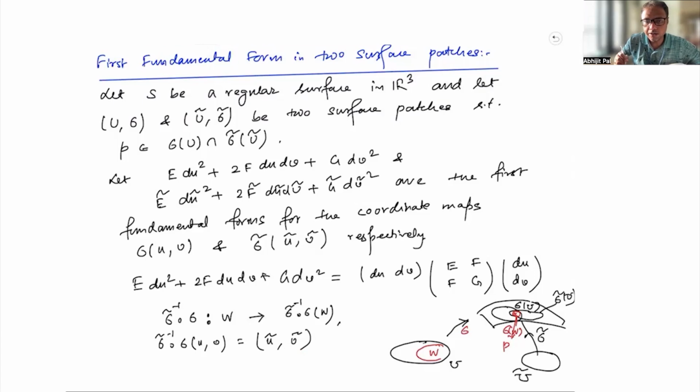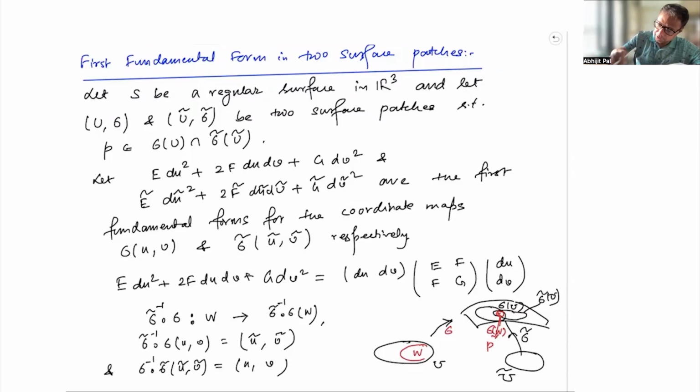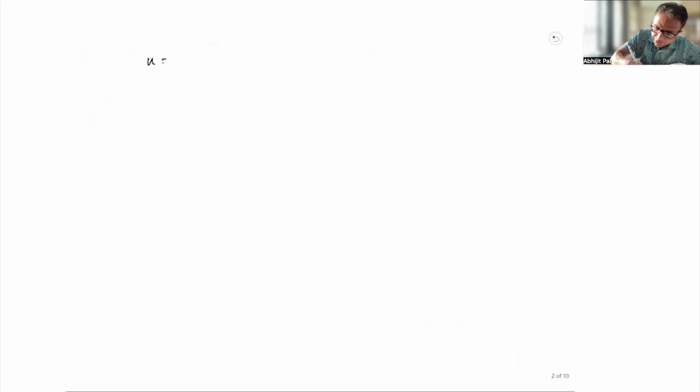So u tilde is a function of u and v, and v tilde is a function of u and v. And sigma inverse composed with sigma tilde applied on u tilde, v tilde is equal to u, v. So u is a function of u tilde, v tilde, and v also is a function of u tilde, v tilde.